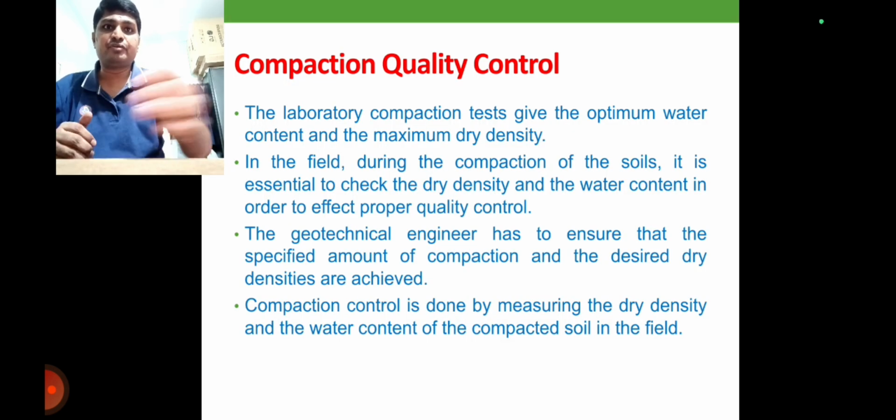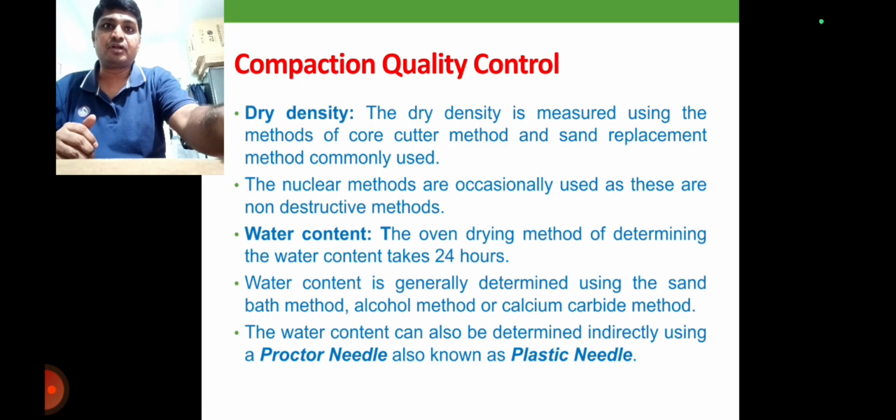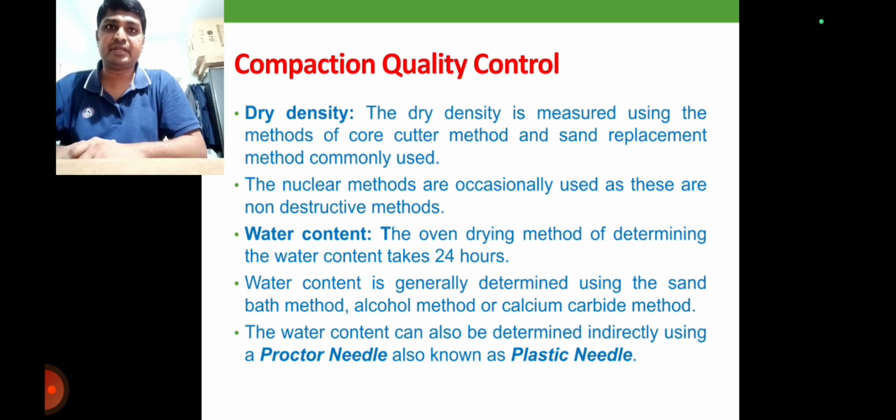Whenever we go to compaction quality control, it is done for two things: first the finding of the dry density, and second the water content. The dry density is measured using the core cutter method and the sand replacement method, which are commonly used, and for water content finding, we use the oven drying method, taking 24 hours.